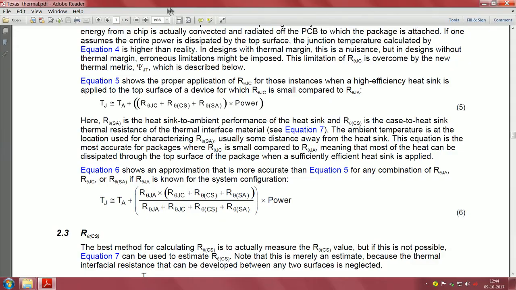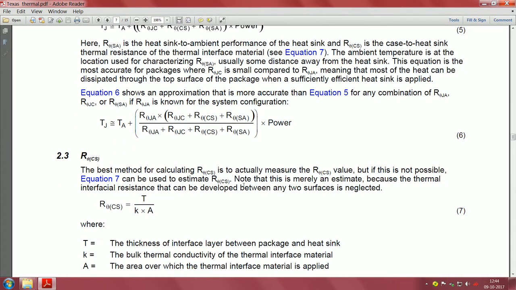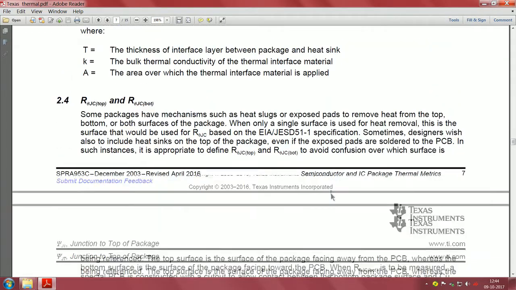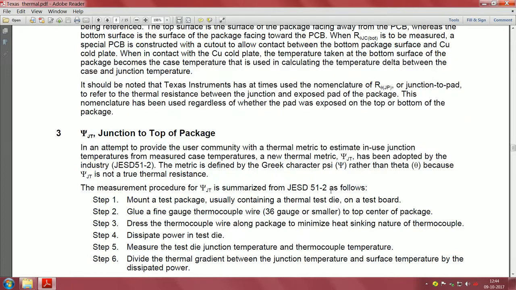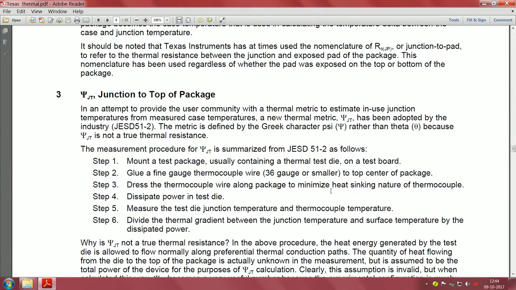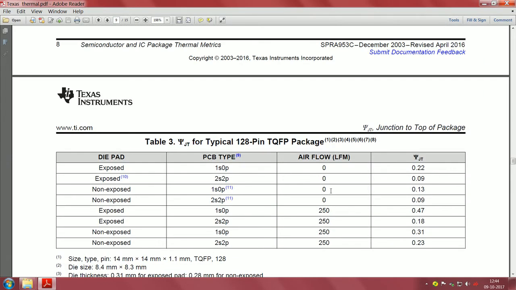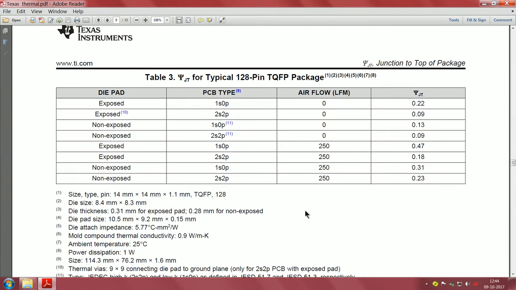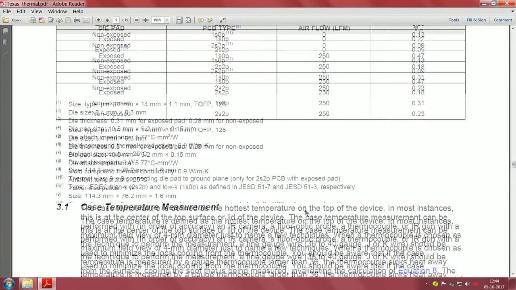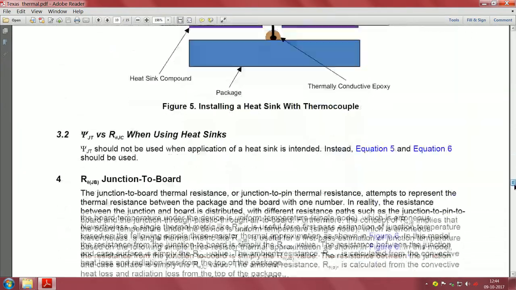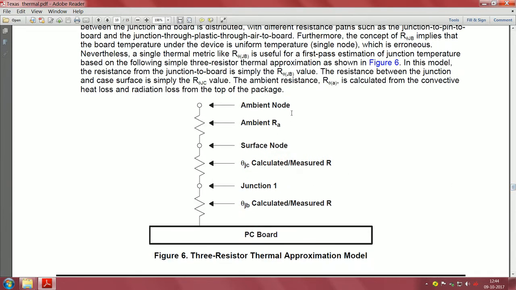So, we have a huge thickness of interface and so on, and a huge amount of ways of calculating and making things. Depending on the airflow and so on, the measurements are calculated.